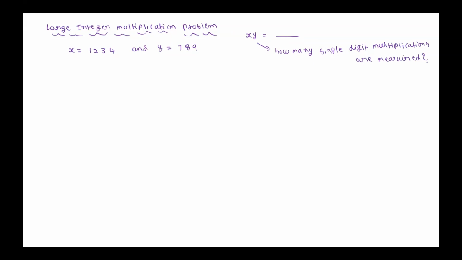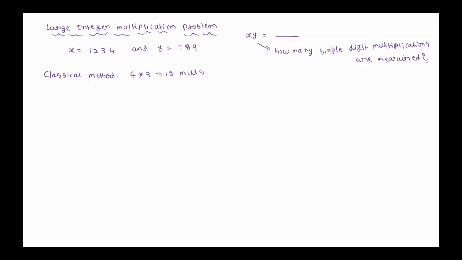12. So by the classical method, what is it that we do? Each digit in y will multiply with each digit in x, then we take the summation. So that means in the classical method, 4 into 3, that is 12 multiplications.